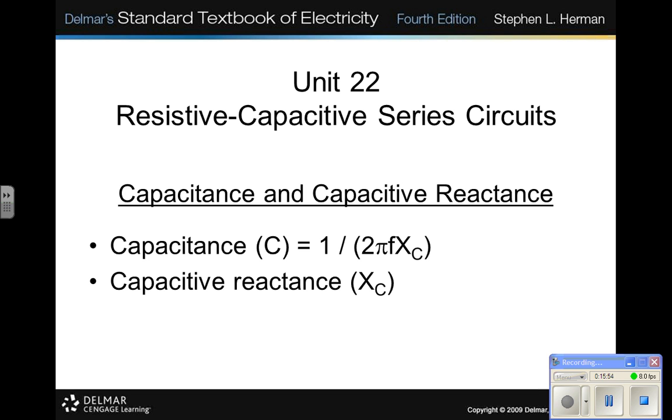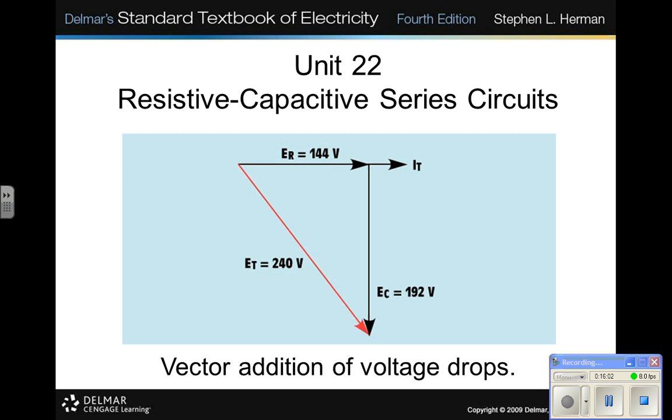Okay, so x sub c is measured in ohms. Ohms, x sub c is capacitive reactance. And we can find our capacitive resistive triangle. Look at that. Now this is a voltage triangle. We did voltage triangles before, except we did them with inductance, right? So this is the exact same idea, right?